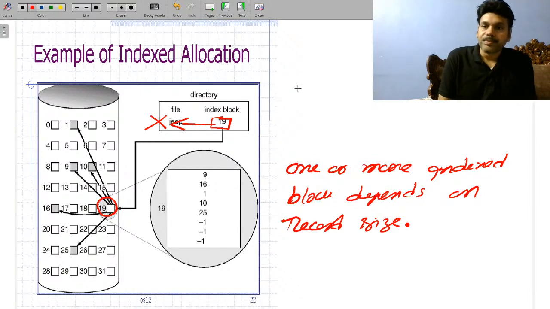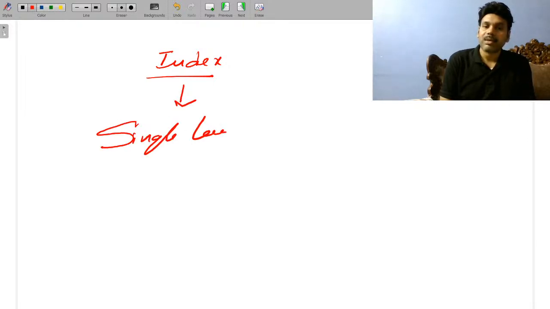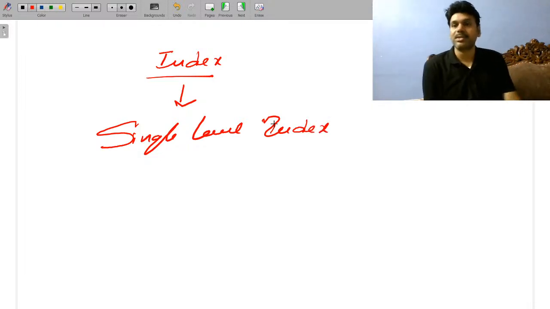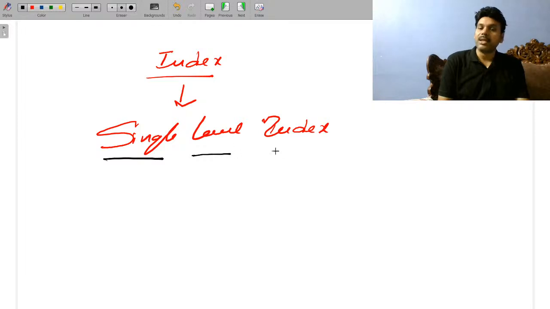So the above index which I am talking about, when I say index, it is single level only. It is a single level index. It's not a multi-level index. So I want multi-level indexing. What is the multi-level index I want? Please see. Now I am going for multi-level storing.